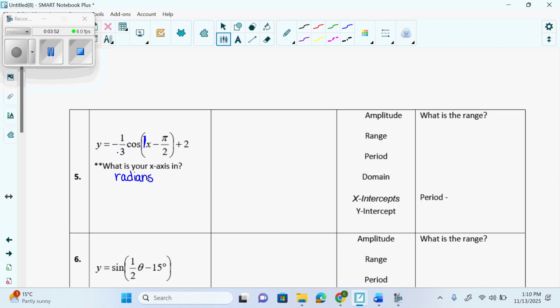So we're going to have a vertical stretch by a factor of 1/3 about the x-axis. Reflection in the x-axis.